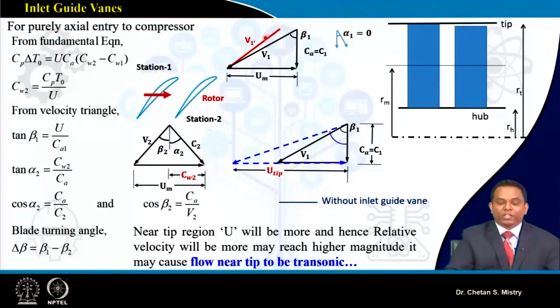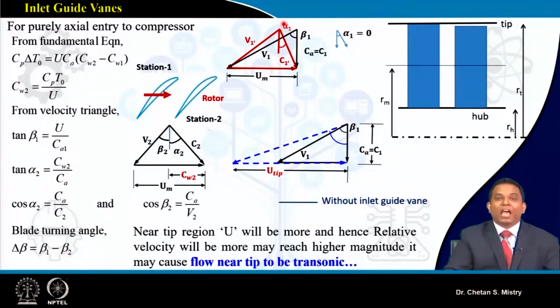I am looking for this velocity. So if we are looking for that, my peripheral speed I am putting as a constant. That means I need to enter my flow with some absolute velocity like this. That means I am looking for some kind of mechanism that will give my flow to enter at some angle alpha 1.